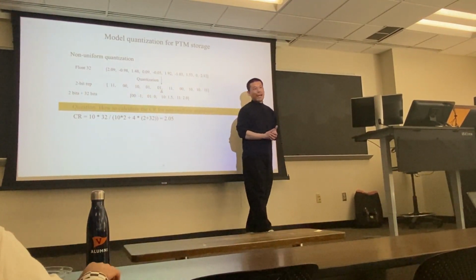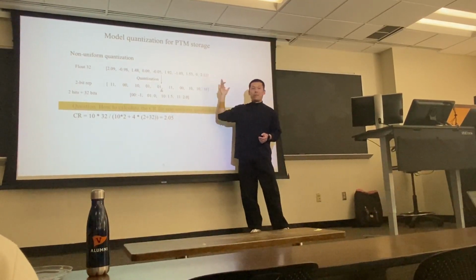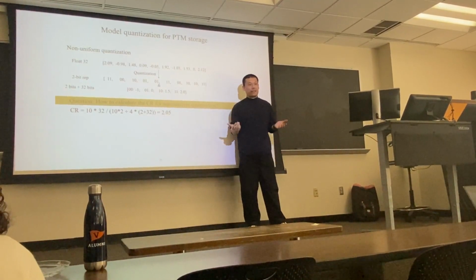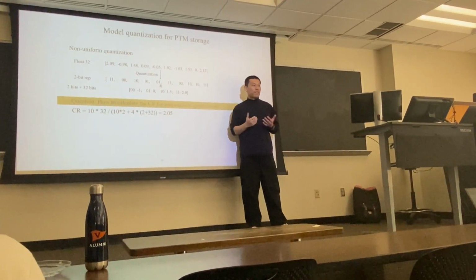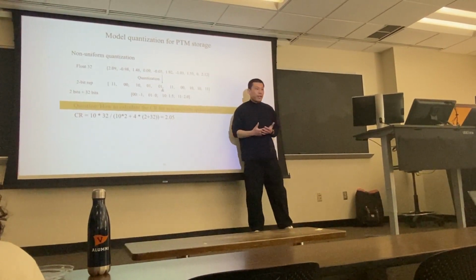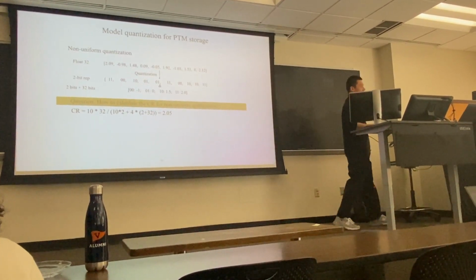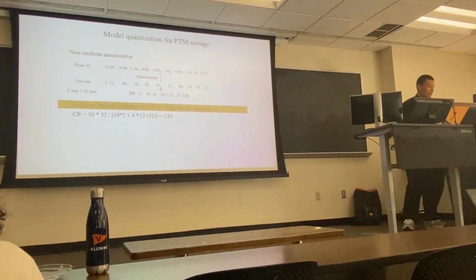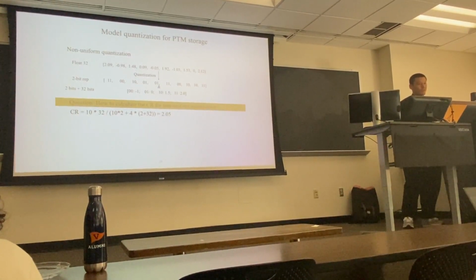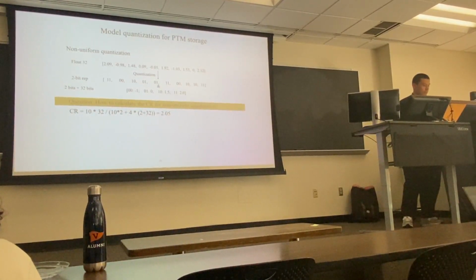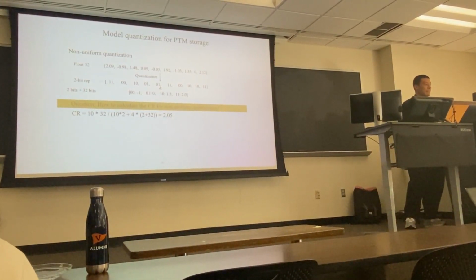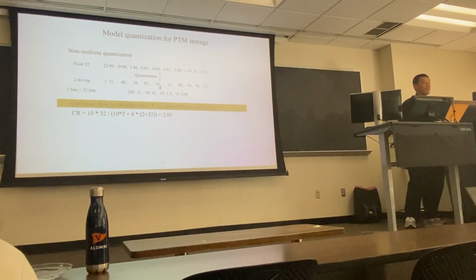But in reality, the parameters will not be 10, but 1,000, 1 million, even 1 trillion. So the CR of this quantization can be around 16. When we look at a large enough model, the overhead of the codebook can be negligible, right?